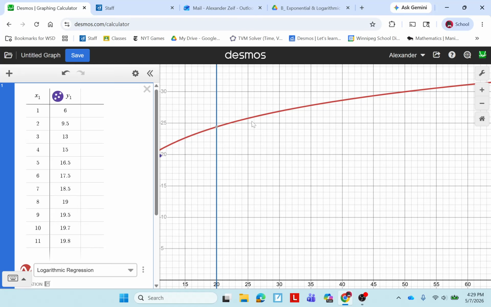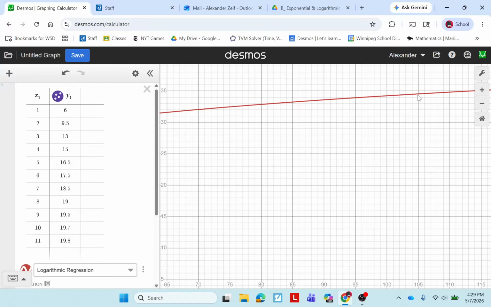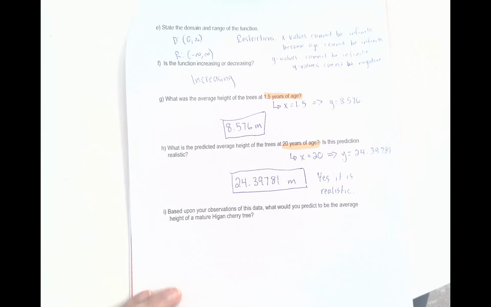There's no exact answer to this, but you could see that between 20 years of age and 50 years of age, the tree only grows 5 feet in this case. If we keep going to between 50 and 100 years of age, we don't even hit 35. So this is more of an observation question than an exact answer question.